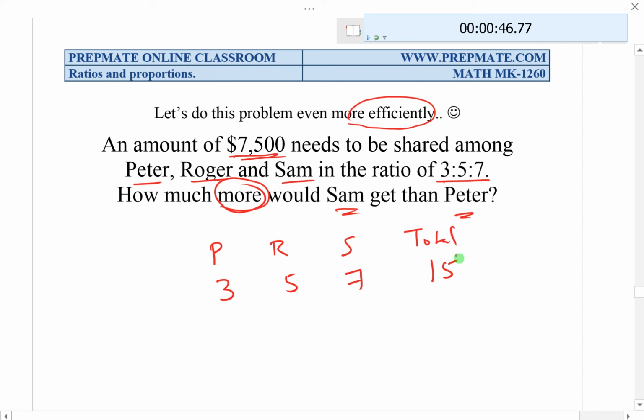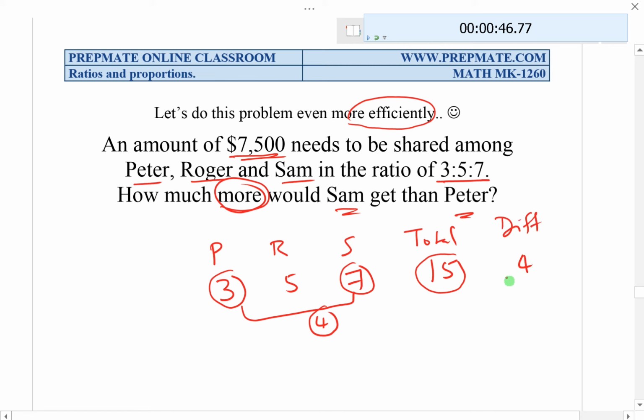Let's say that if we share $15, Sam gets 7, Peter gets 3. And so the difference here, Sam gets $4 more. Do you see that? Okay. Now, therefore, the difference is $4. Okay, so I'm going to write the difference here as 4.